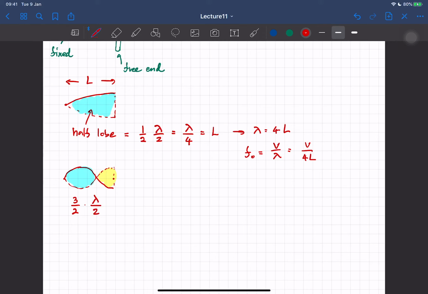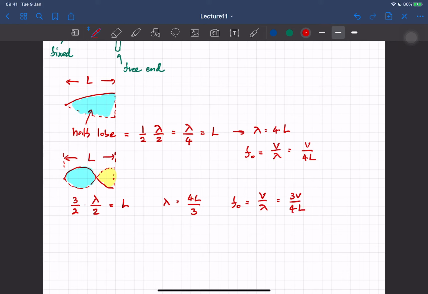Each lobe is lambda over 2, and the whole thing is of length L. So that means lambda is 4L over 3. The frequency is v over lambda, so that means the frequency is 3v over 4L.